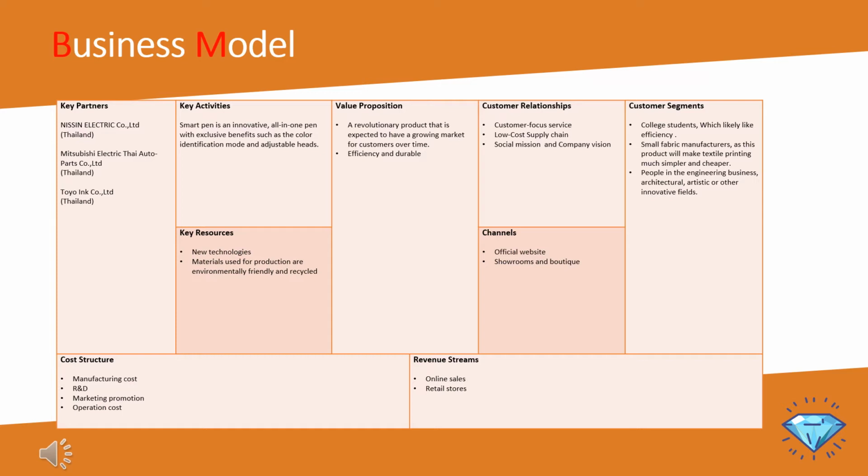And for customer relationships, we give a service that is more focused on the customer. We understand what our customer wants, and we have a low cost supply chain. And we have a social mission and company vision that intends to use recycled technology to make a new technology.